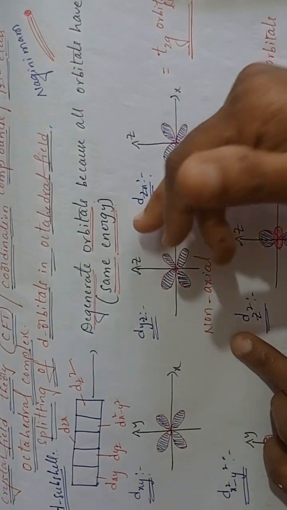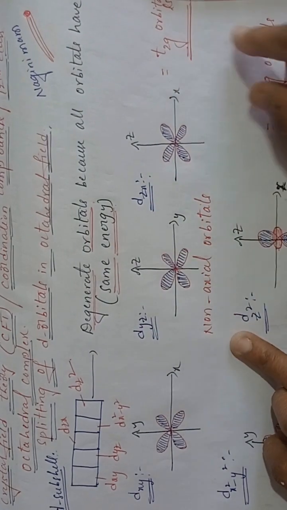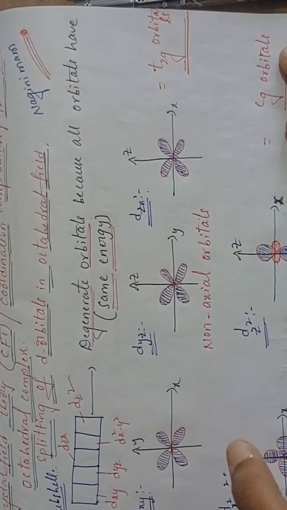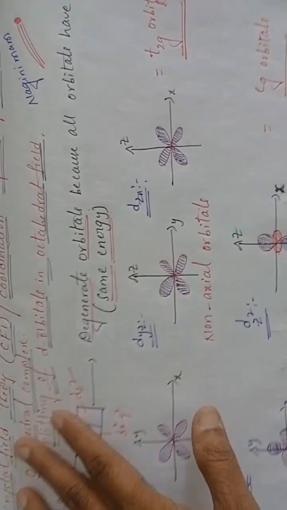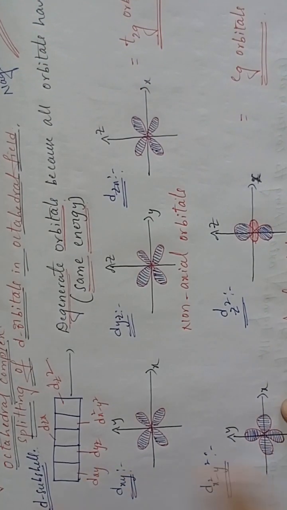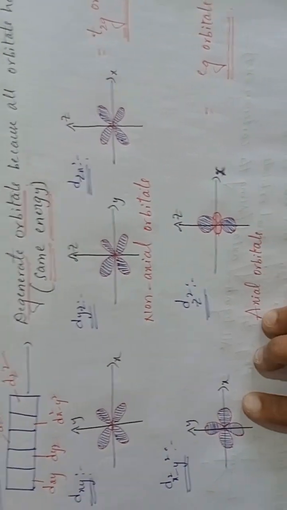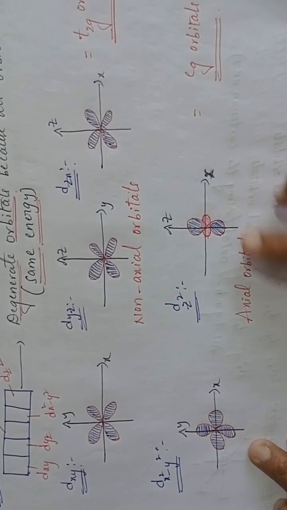In the octahedral complex, these three orbitals are named T2g orbitals. Now coming to the remaining two, dx square minus y square and dz square. These two orbitals are axial orbitals, students.